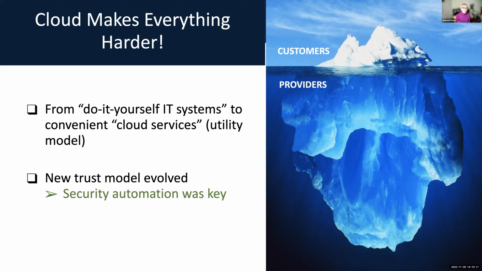But we moved towards more convenient cloud services. And with that migration of more and more of the systems to cloud services, we were faced, especially in the government space, with confusion at the very beginning about who is responsible to demonstrate compliance, and how to mitigate the risk.